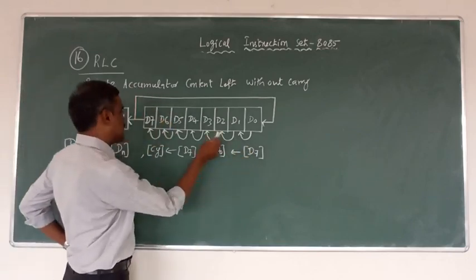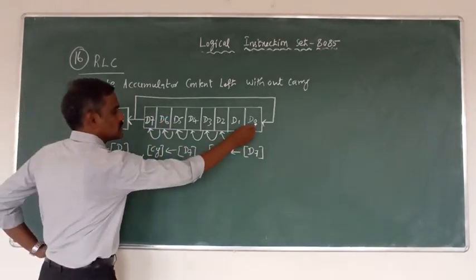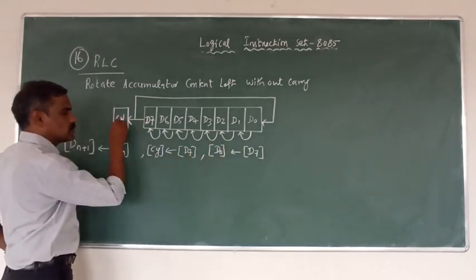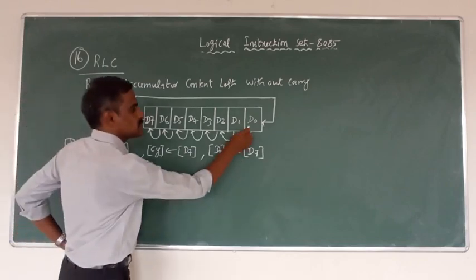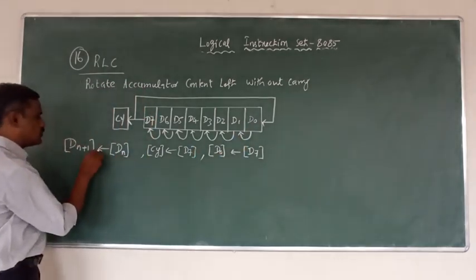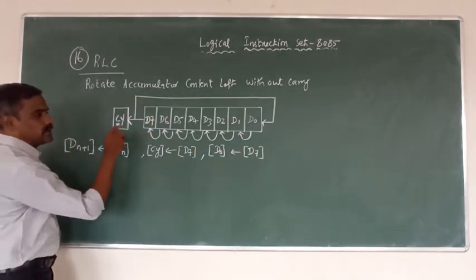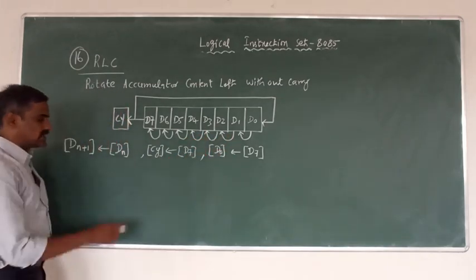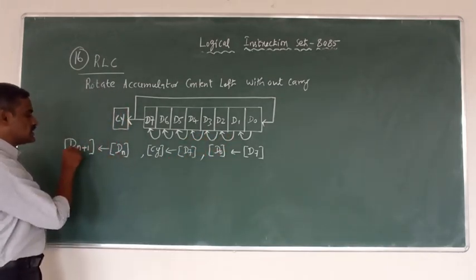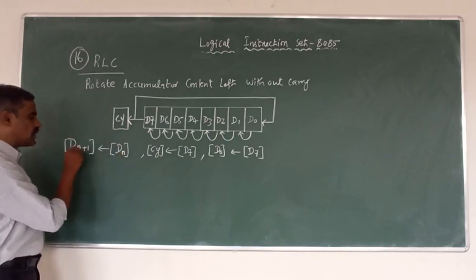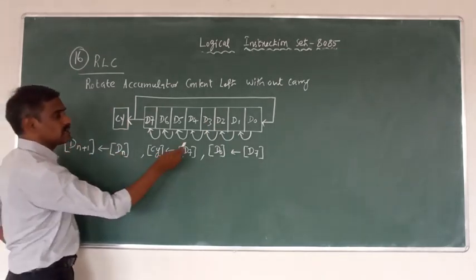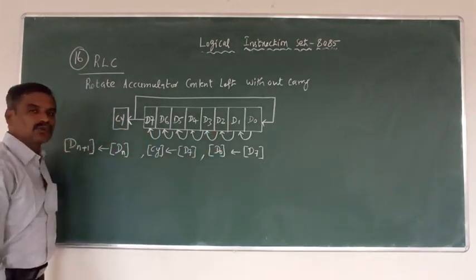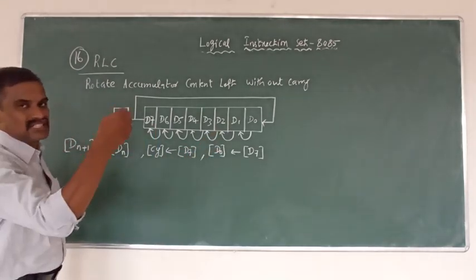That is D7 data moves to D0 as well as to the carry, and then DN data means, suppose D0 data moves to D1 position. The D1 data moves to the D2 position. It will be a single bit movement.